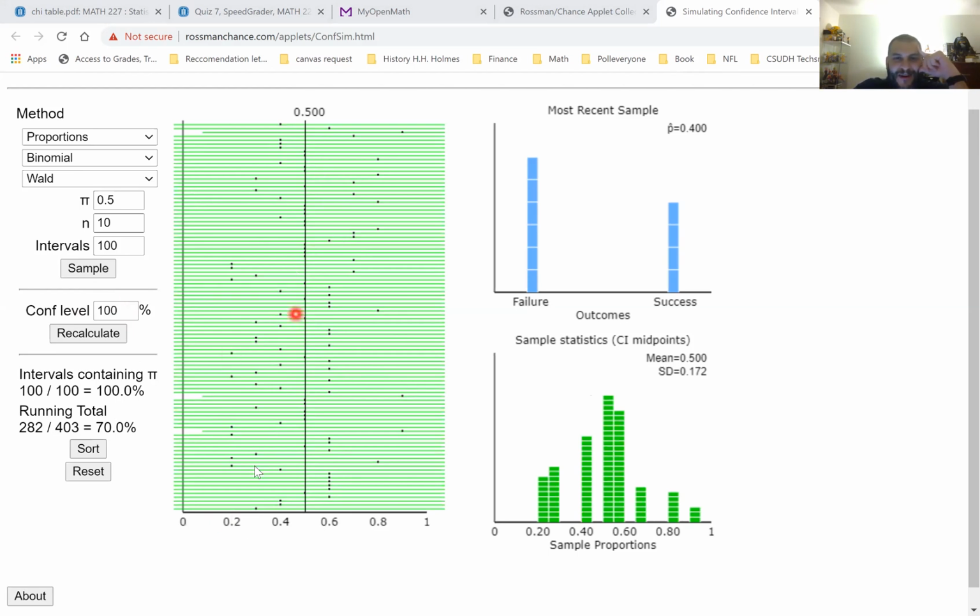Why wouldn't I just always want to be correct? What's wrong with this picture though? Because if you look at the interval, it's going from which number to which number? Yeah, so it's going from 0 to 1.